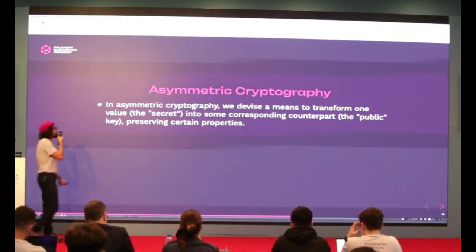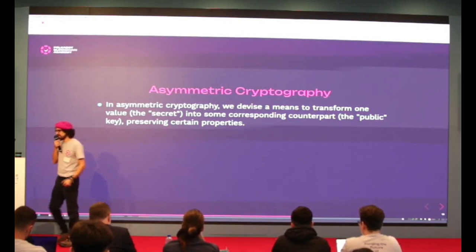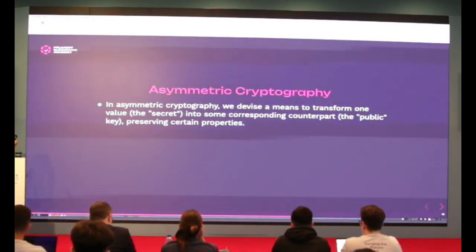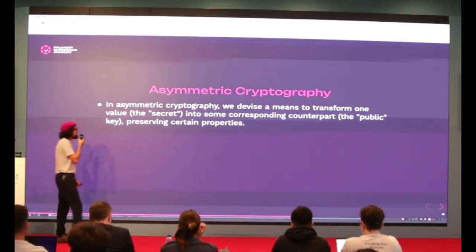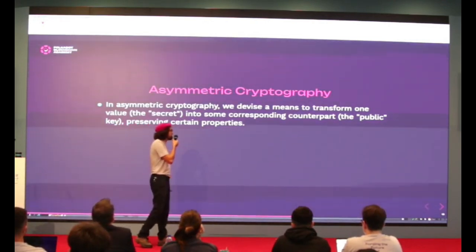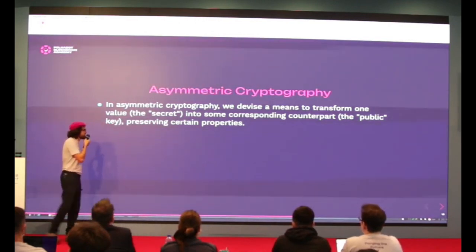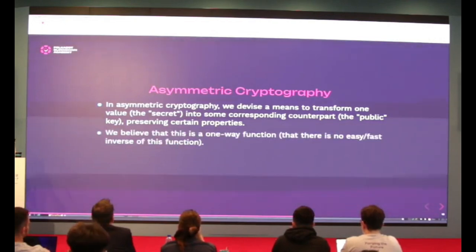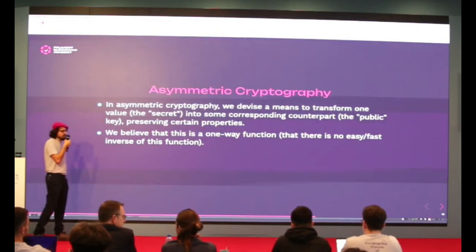Okay, so now we go back to the one-way function, the other category, which is asymmetric cryptography, and probably the richest area of research in cryptography is here. Why do we call it asymmetric? Because I have a secret, and I apply some mathematical operation on it and get some representation of it, which preserves some property but not enough to break the one-way function.